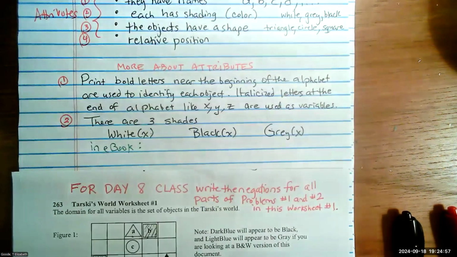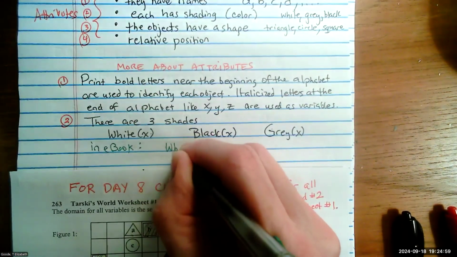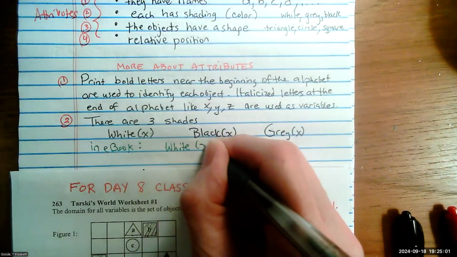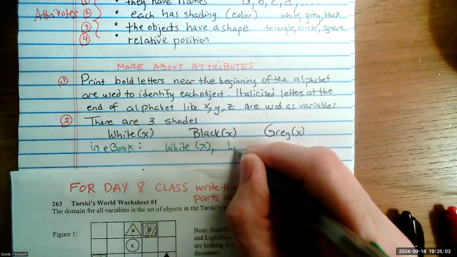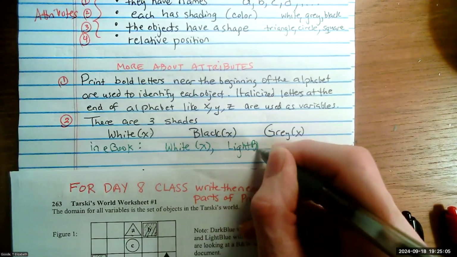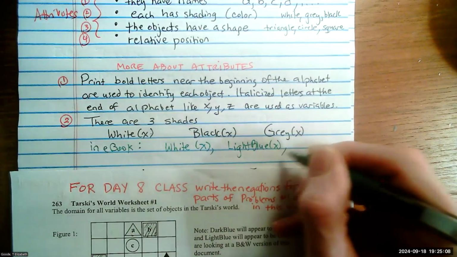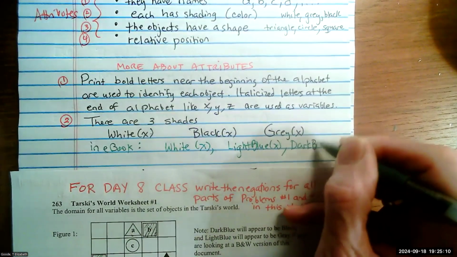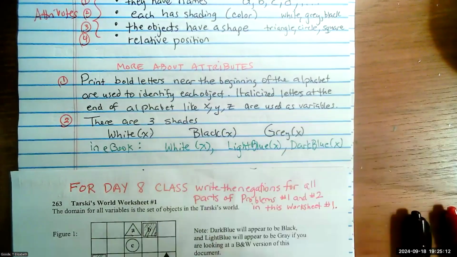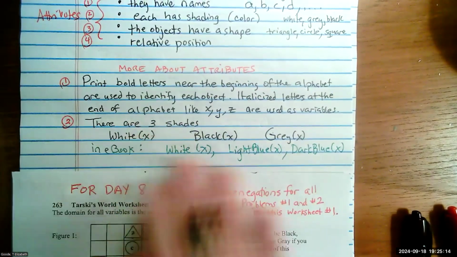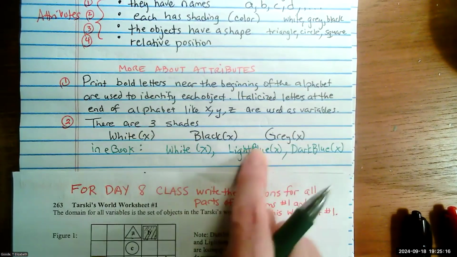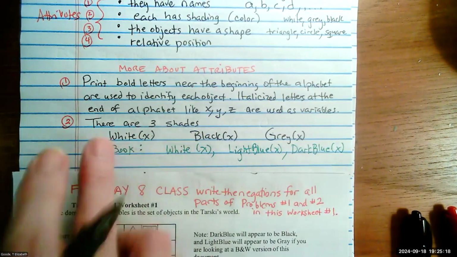So if you're colorblind, you can use that information button. So it's white, light blue, and dark blue. Those are the colors you'll see in WebAssign, because in the book it's in color, okay? But they serve the same purpose. Gray is light blue, and black is dark blue, and white is white.